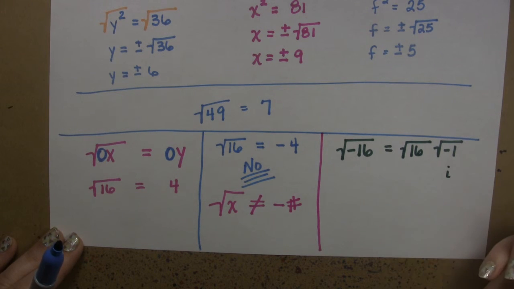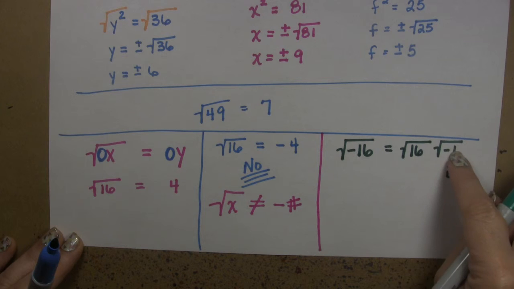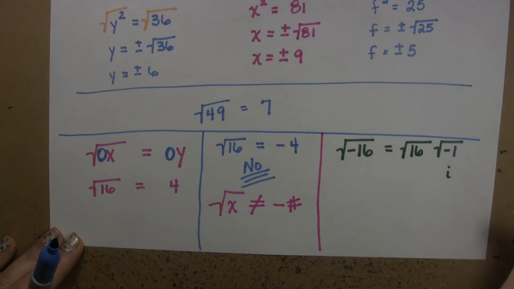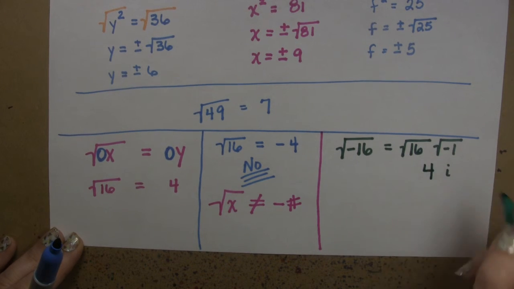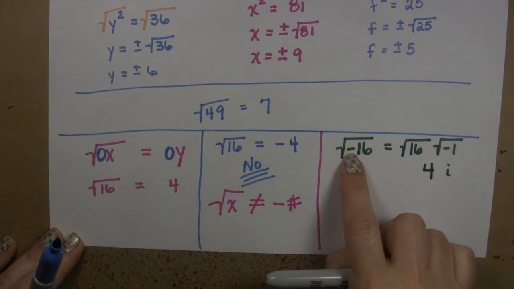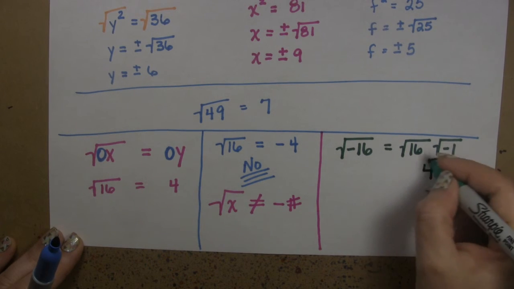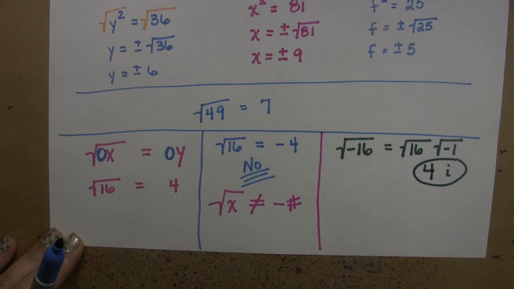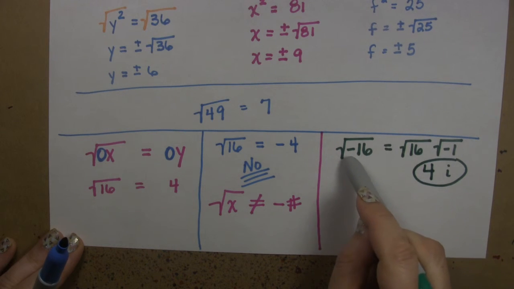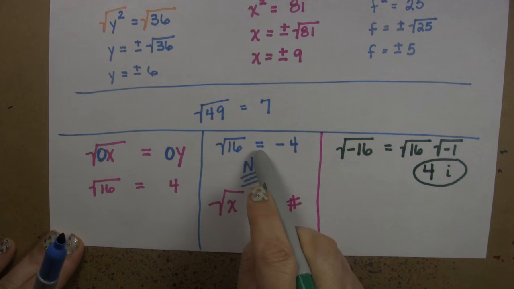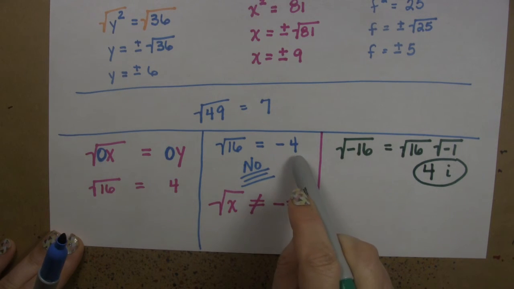It is the number i, and it means the square root of negative 1. It is what's called an imaginary number. So the square root of negative 16 equals 4i, and that is legitimate. So you can handle a negative sign underneath a radical, but you cannot handle a radical sign equaling a negative number.